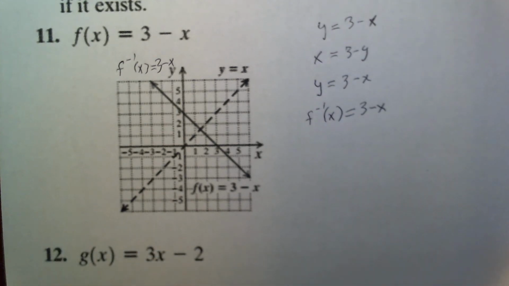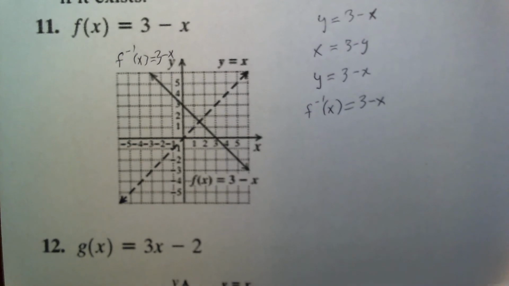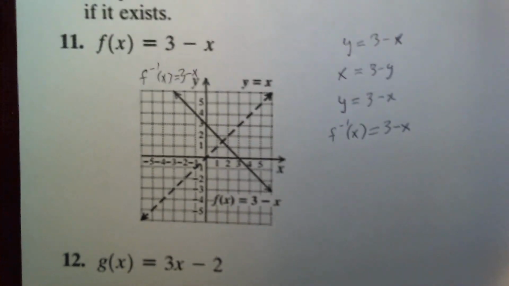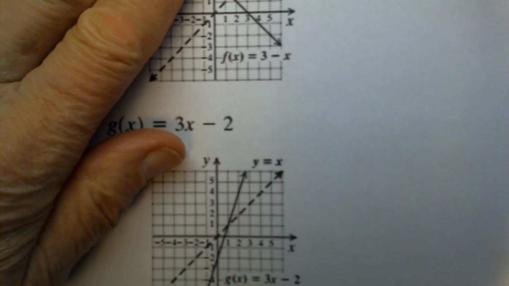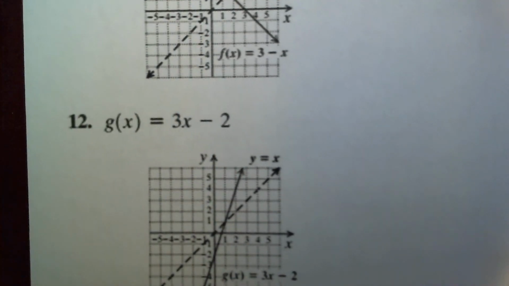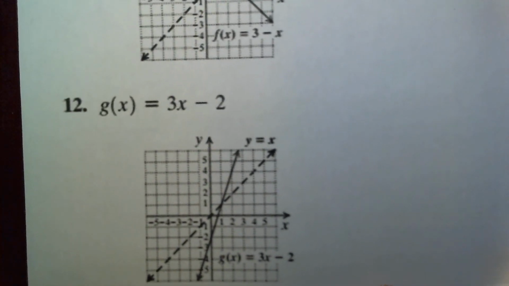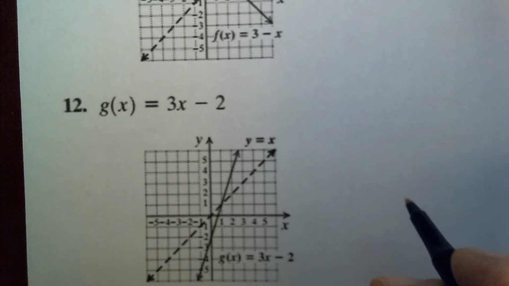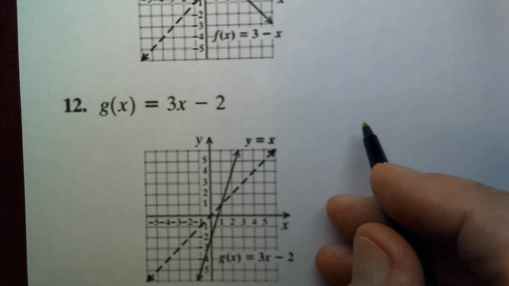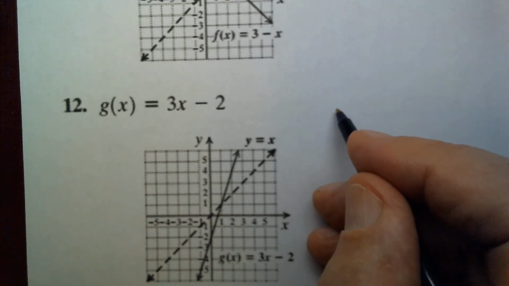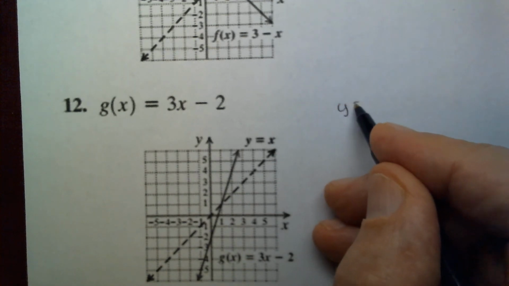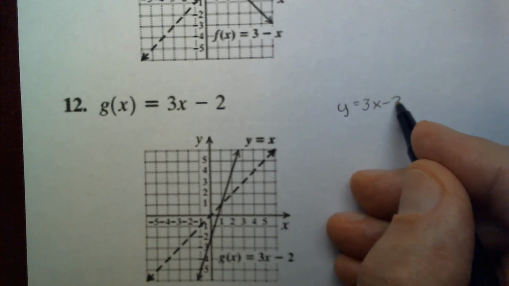In the following example, g of x equals 3x minus 2. And so we look at the graph of 3x minus 2, and it passes the horizontal line test. So let's find the formula for the inverse. Step 1 is replace g of x with y. So y equals 3x minus 2.